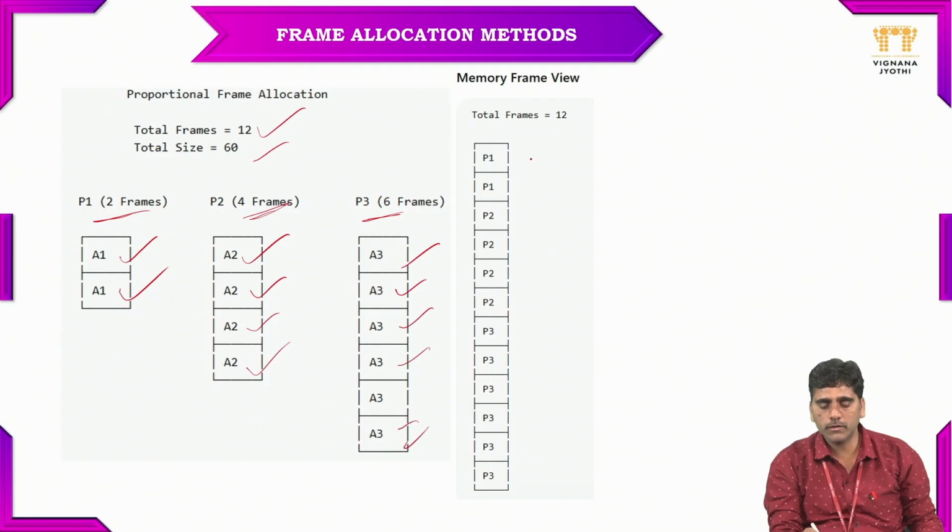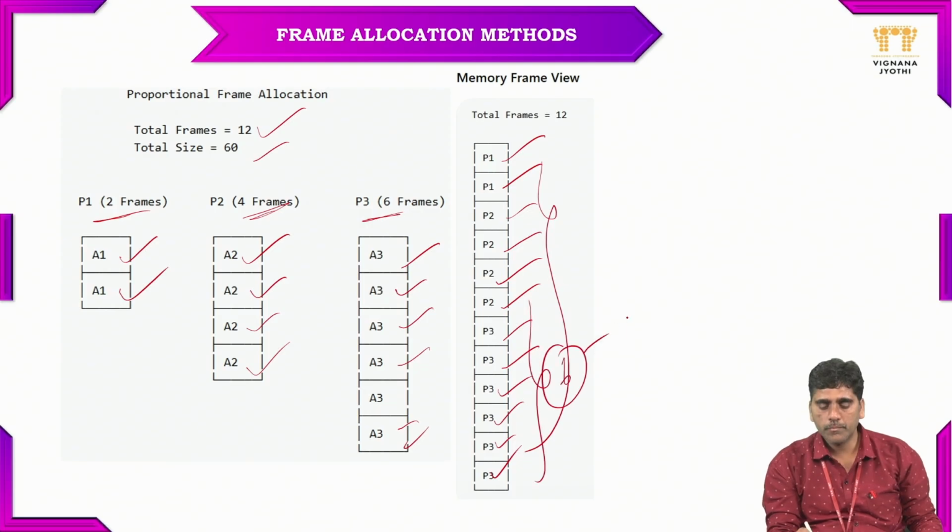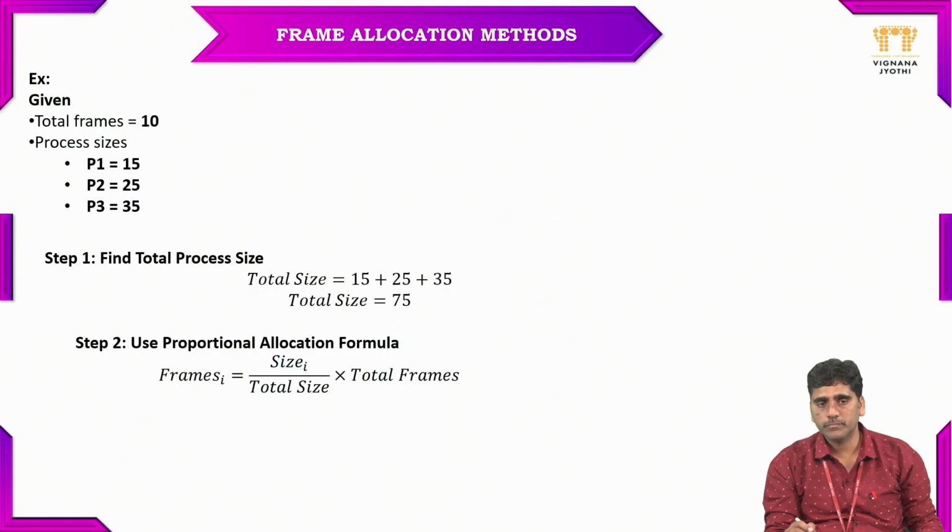In the total of 12 frames, first 2 frames are allocated to P1, the next 4 frames to P2, and the next 6 frames to P3. So like that, the memory will have all frames allocated to P1, P2, P3 in the memory unit. Let us take one more example.